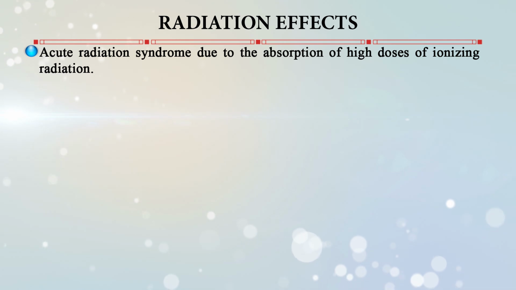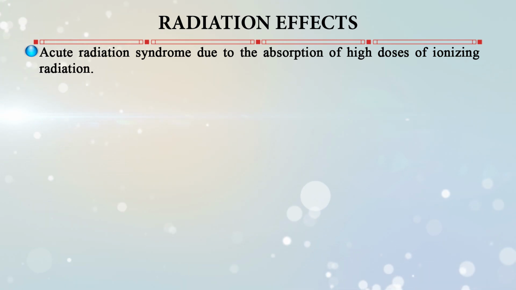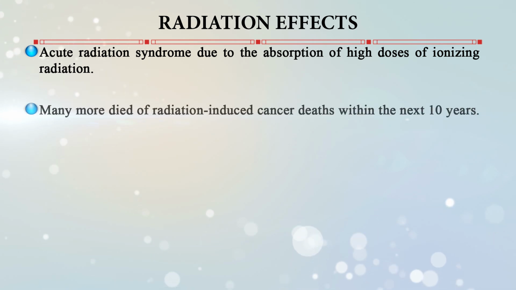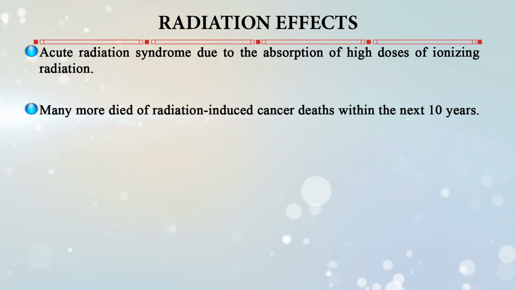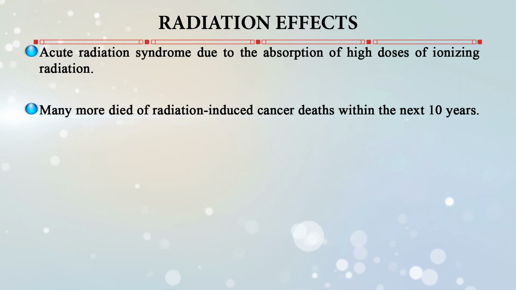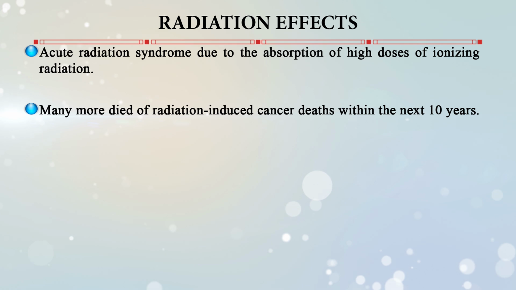The radiation effects, acute radiation syndrome due to the absorption of high doses of ionizing radiation, were noted. Many people died of radiation induced cancer within the next 10 years. So, the radiation effects were really a lot.